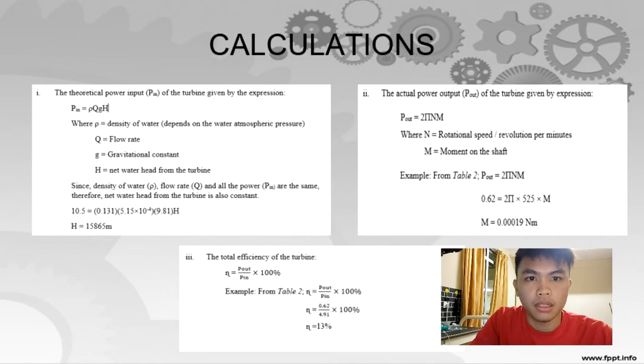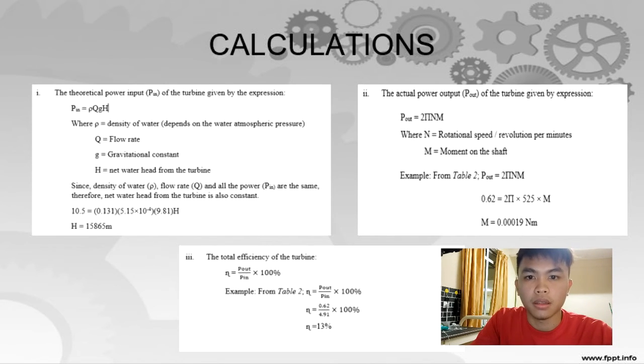The second one is the power output, for which we use this formula: P equals 2 pi times the rotational speed and the moment of the shaft.